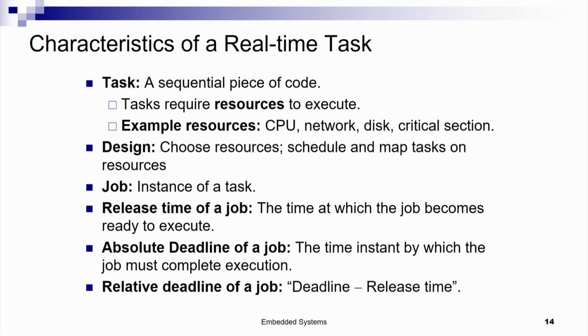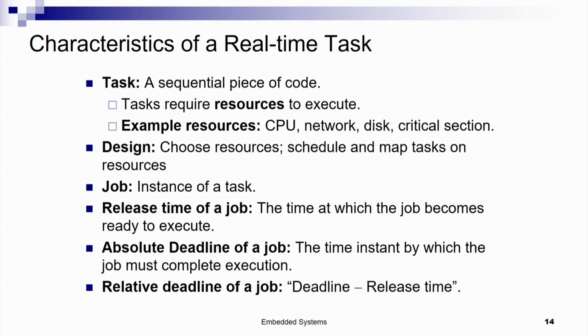We said that the task is this piece of code, and this task is executed repeatedly every T time period. So, T is the sampling period, and every T time units I am executing this task once. A job is such an instance, one instance of the execution of the code of a task.